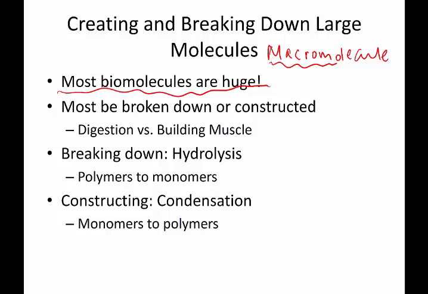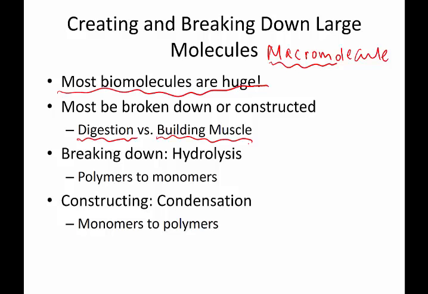So you can think of something like digestion. Digestion is all about breaking down huge biomolecules into something small that we can use. For something like building muscles, though, that's taking small, tiny pieces of biomolecules and building them up into something bigger. So in the case of muscles, that's taking small amino acids and building that up into proteins that make up our muscle.